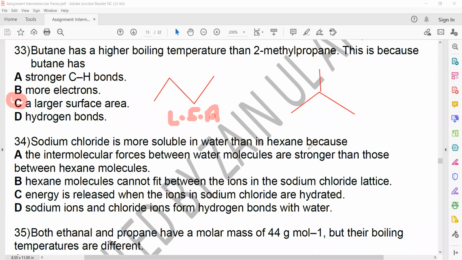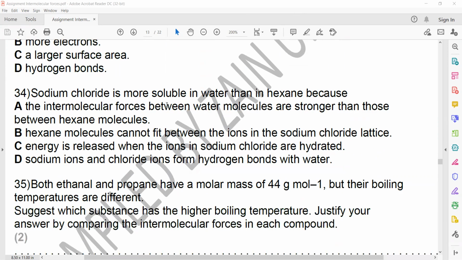Because right now they have the same number of electrons, so the London dispersion force will be the same. Now it depends on how many parts they're interacting. Because it's a straight chain, it will have a large surface area, so more parts can interact.